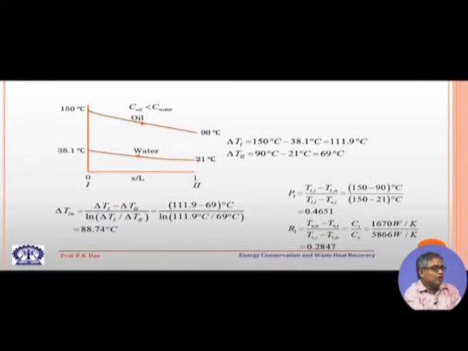So, let us once again see the 4 temperatures. 150 degree Celsius is the inlet temperature of the oil, and this is the outlet temperature of water, that is 38.1 degree Celsius, and the outlet temperature of oil is 90 degree Celsius, and the inlet temperature of water is 21 degree Celsius.